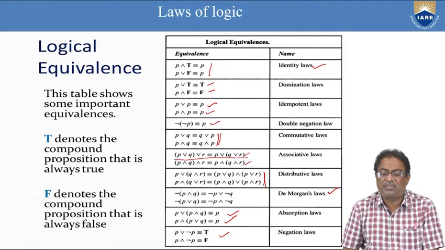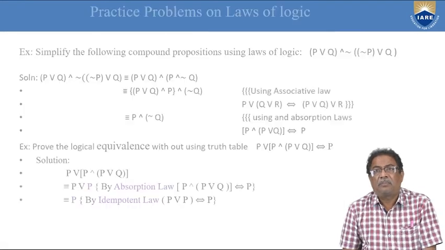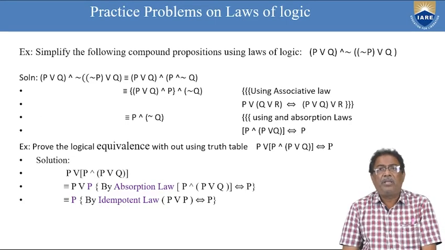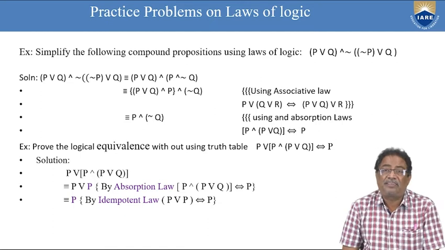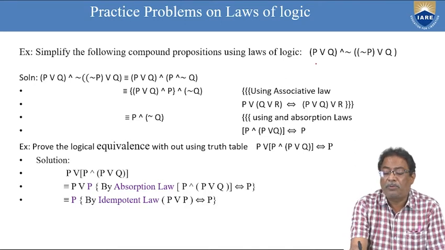Already we proved this by constructing truth tables, some of them, not all. Now let us consider, by using laws of logic without constructing a truth table, we are going to prove the given compound proposition.